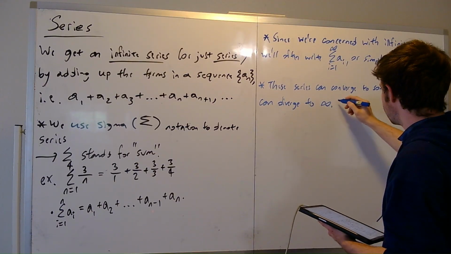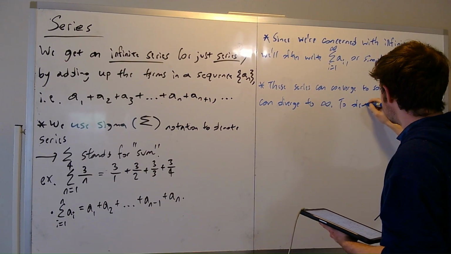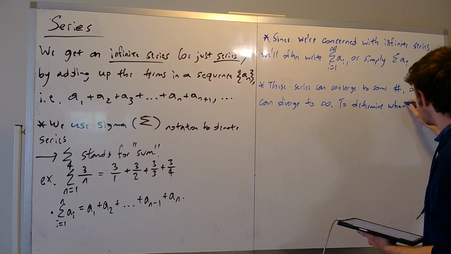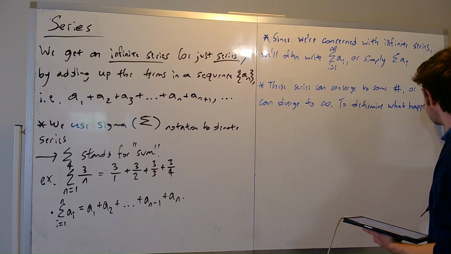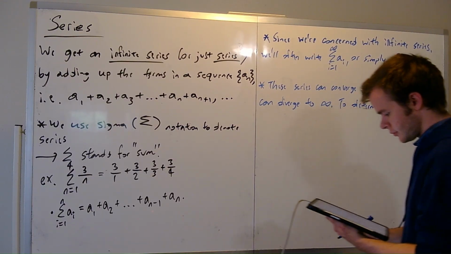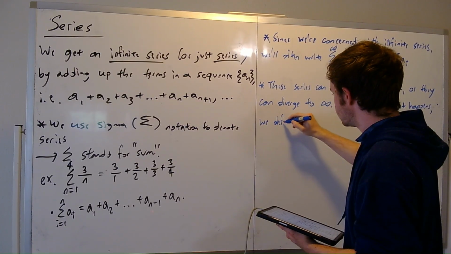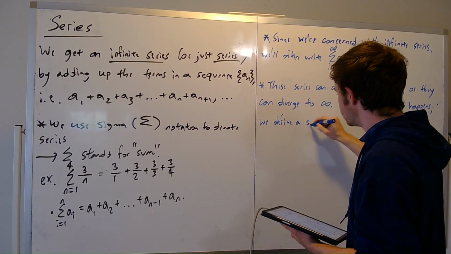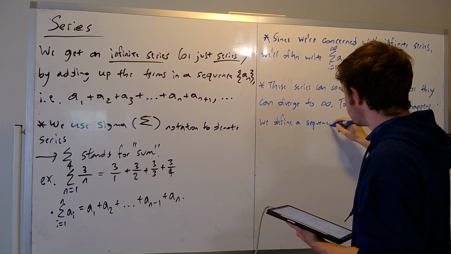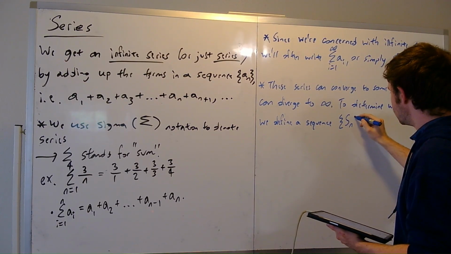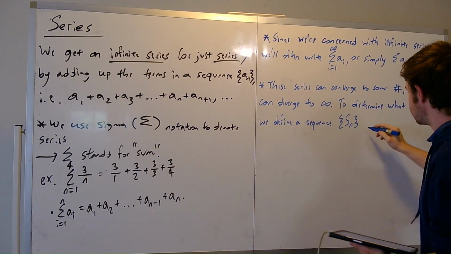To determine what happens, we define a sequence S_n of partial sums.